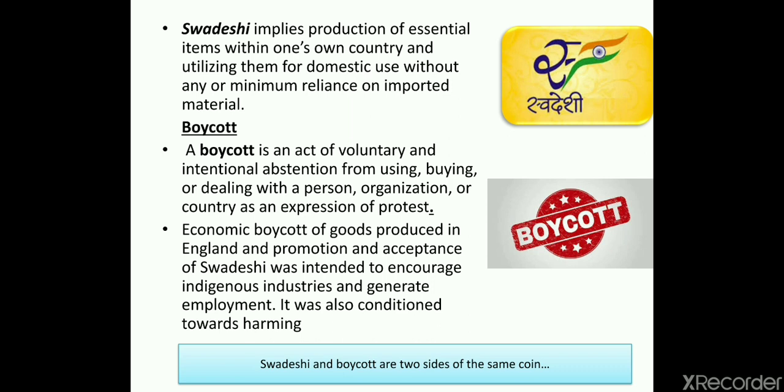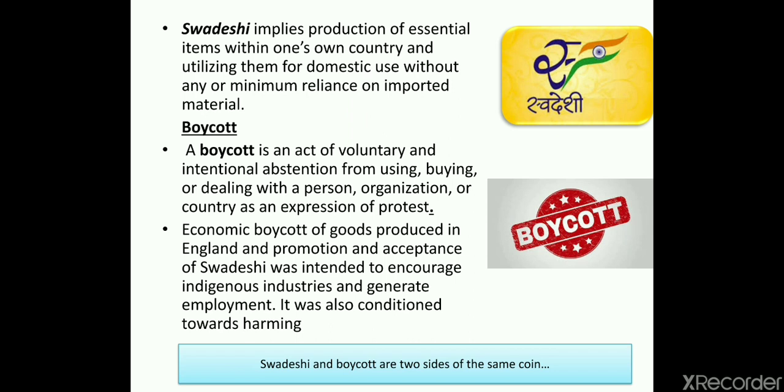So whatever Swadeshi material was manufactured in our country was utilized in our country, and we were boycotting or ignoring the things prepared by the Britishers.